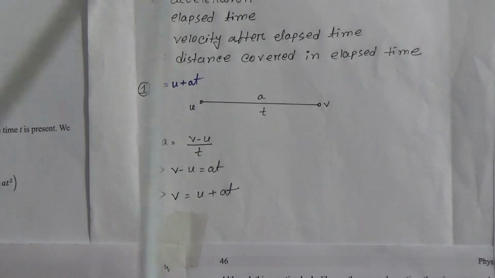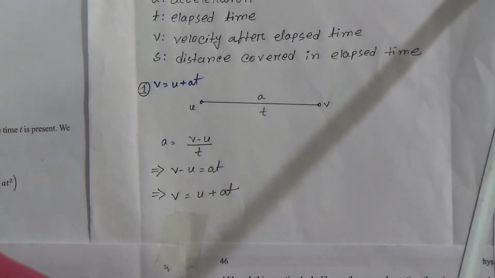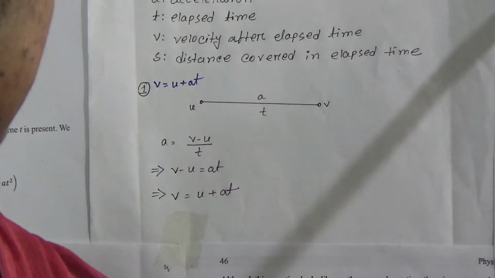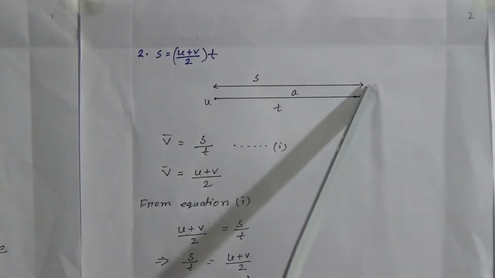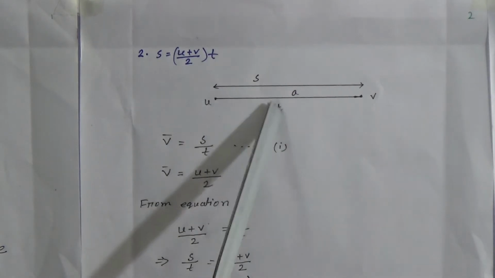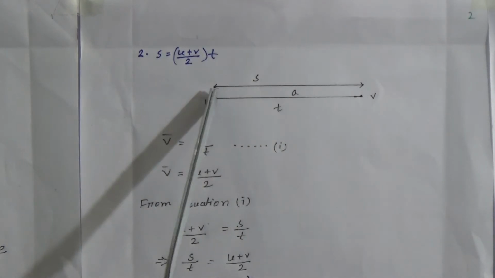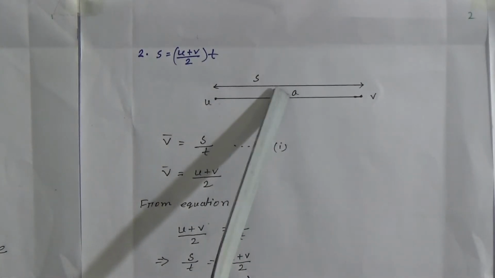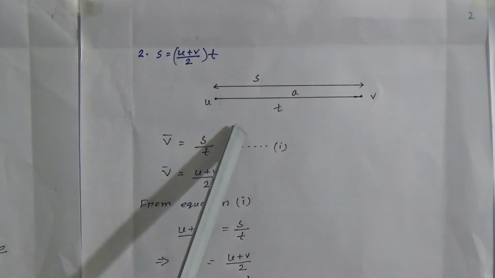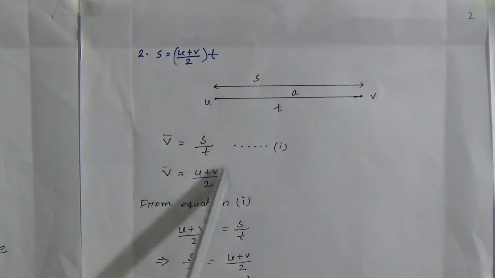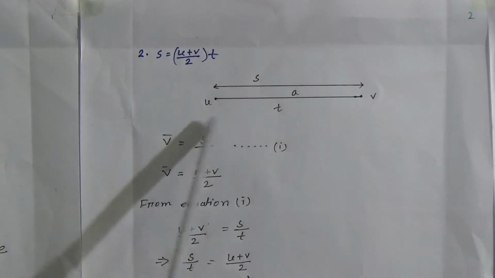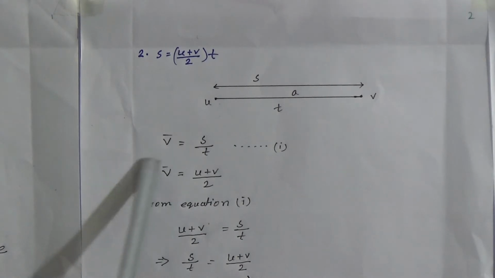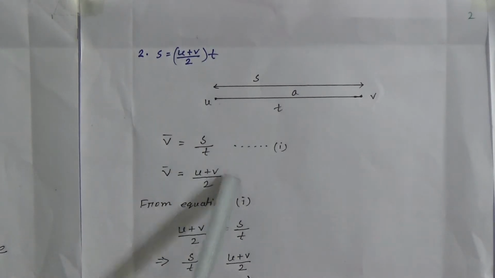Now go to the second equation of motion, s equals (u plus v) by 2 into t. Here is the figure. Here u is the initial velocity and v is the final velocity, and the elapsed time is t. The distance is s and the acceleration is a. We know the formula s equals v t, so v equals s by t, and we know this v bar is (u plus v) by 2.